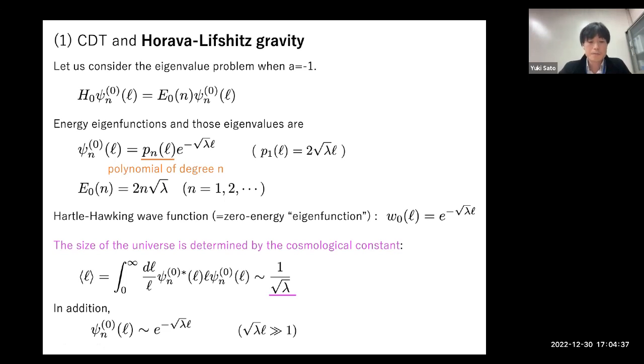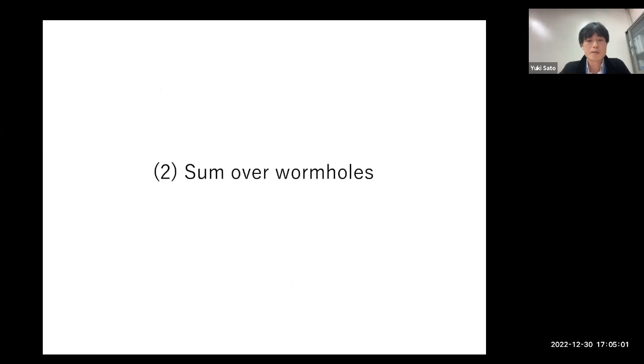Additionally, the wave function decays exponentially when the size of the universe is very large, and its decay is governed by the cosmological constant. So these are the behaviors of the eigenfunctions of the CDT or the projectable Horava-Lifshitz quantum gravity.